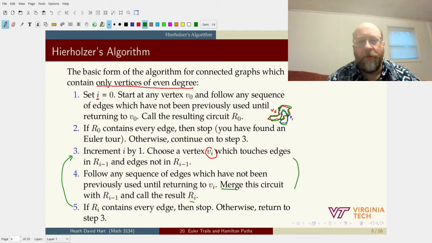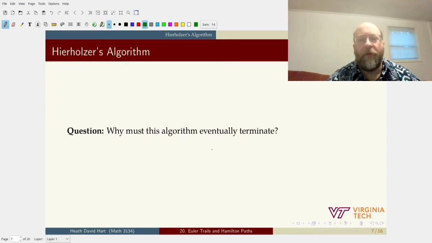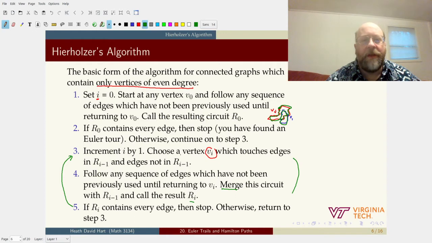And so we've got this loop here. How do we know that that loop terminates? Why must this algorithm terminate? Well, the reason is that in step 3, we're making sure that there are new edges, that we're choosing a vertex that contains edges that were not in the circuit. And so every time we increment i by 1, we're finding new edges and adding them to the circuit.